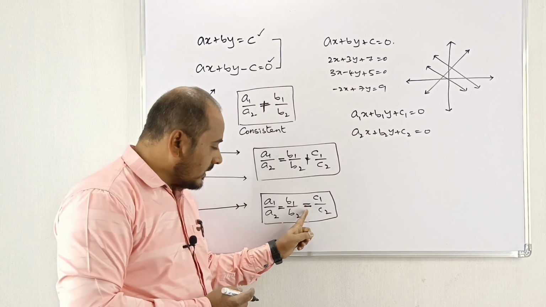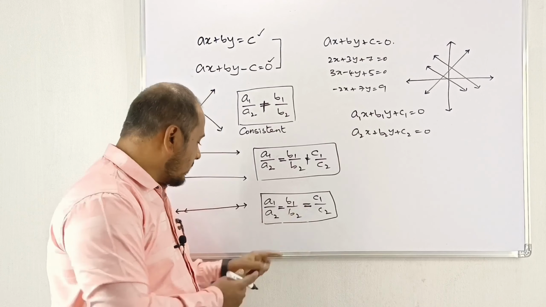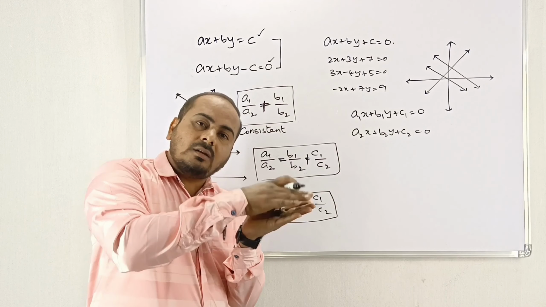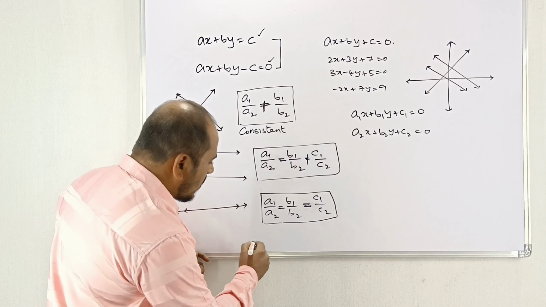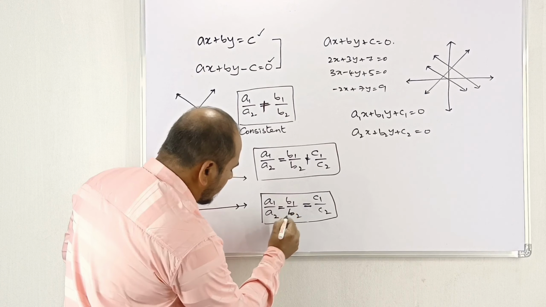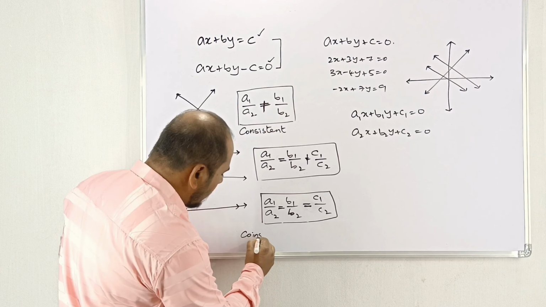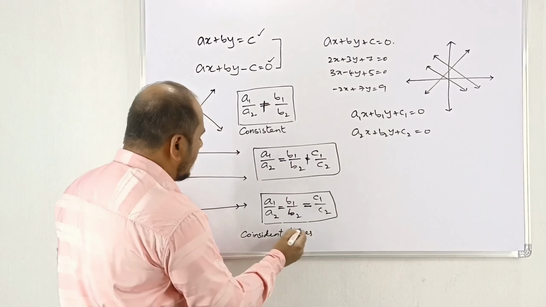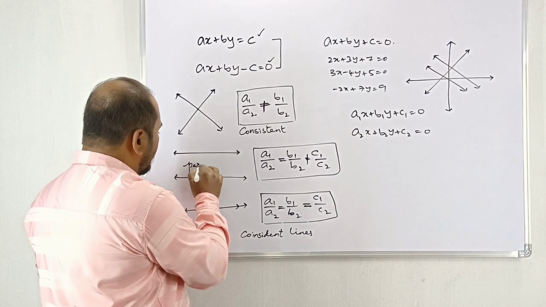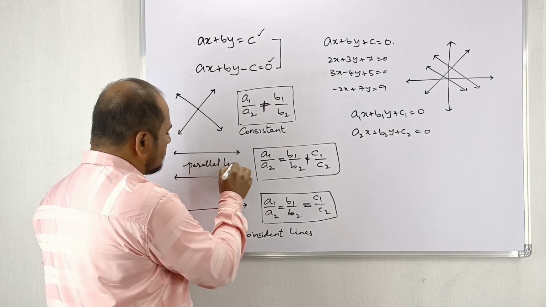Hence both are equal here. When both are equal, a line is on another line. Then these are called coincident lines. What we call, my dear? Coincident lines. And these are called parallel lines.